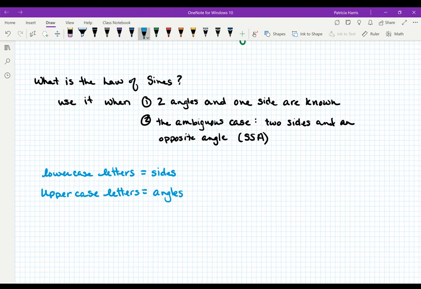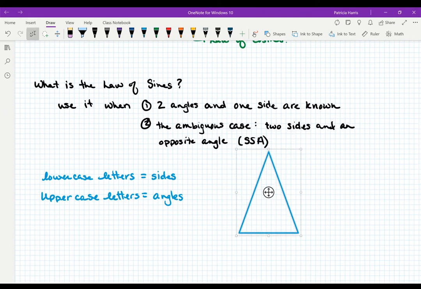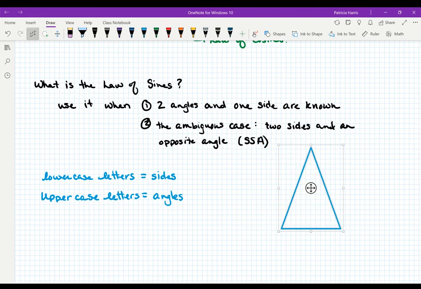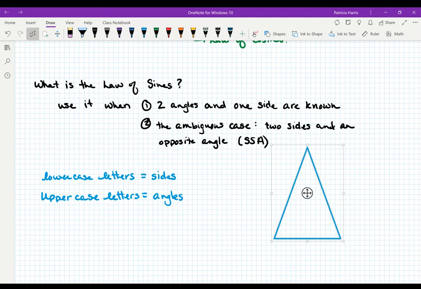Also remember, okay, and this is just kind of a standard triangle. So if I name the angles A, B, C, then the sides are going to be opposite. So like this. Okay, that's how we're going to label our triangles. We need to remember that because that is actually really important.